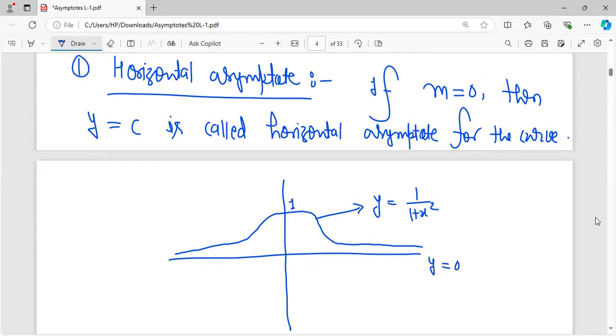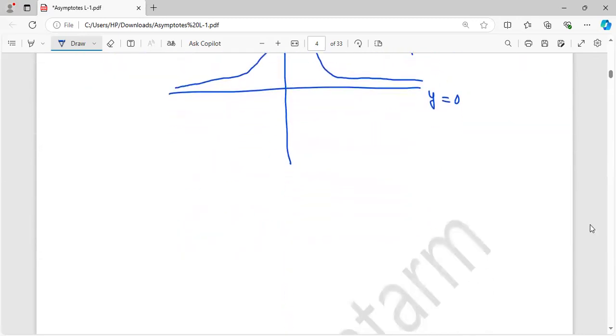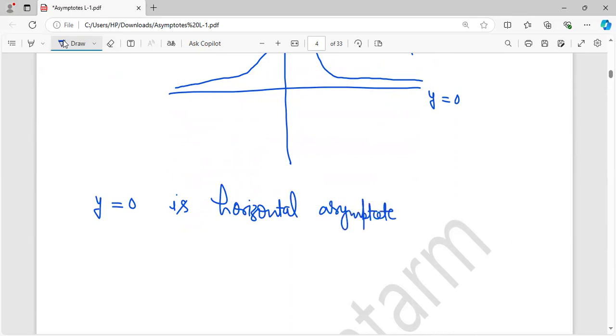So y is equal to 0 is a horizontal asymptote for the curve y is equal to 1 plus 1 upon 1 plus x square.